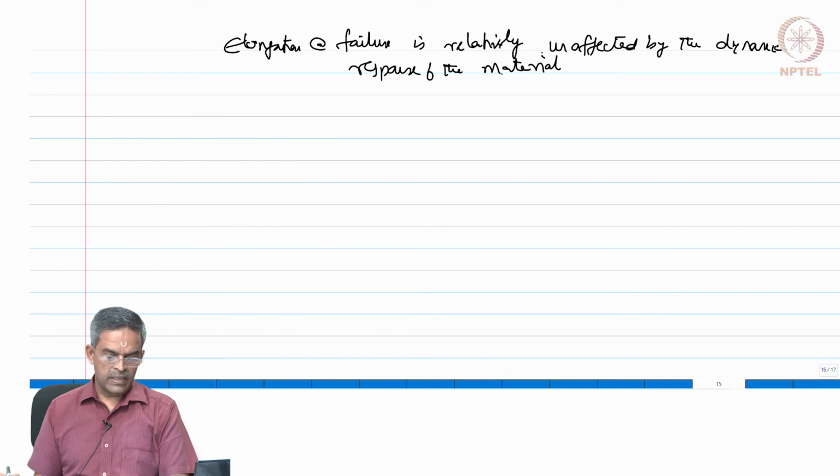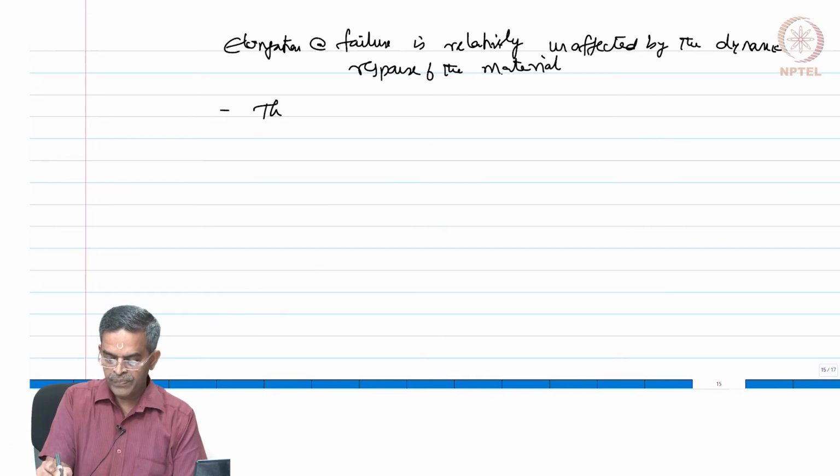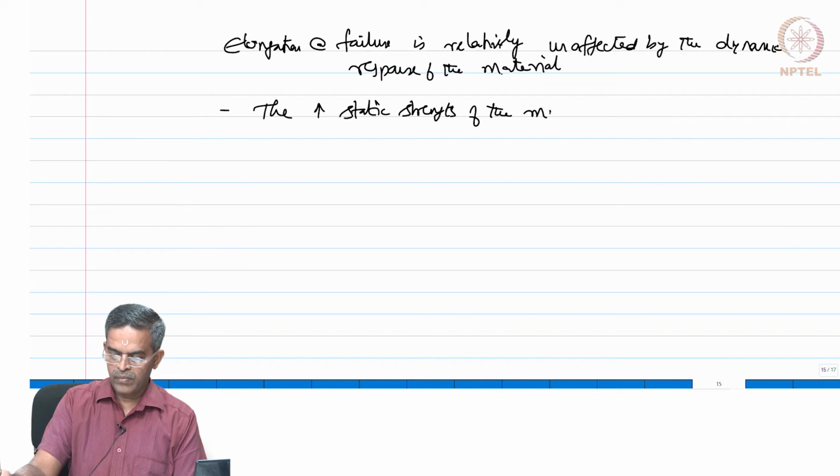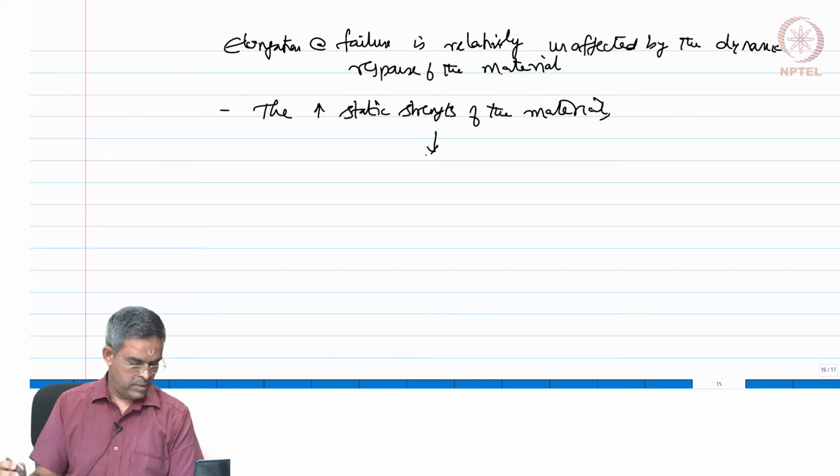The higher the static strength of the material, the lower the increase in dynamic strength.